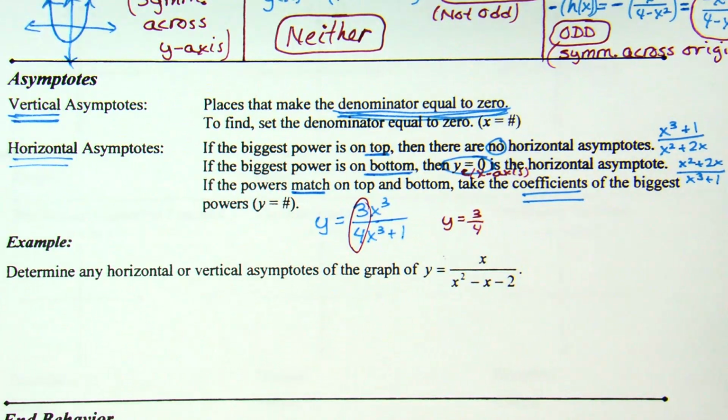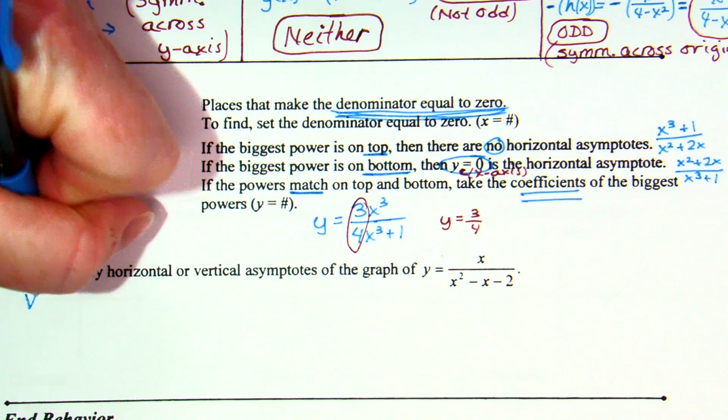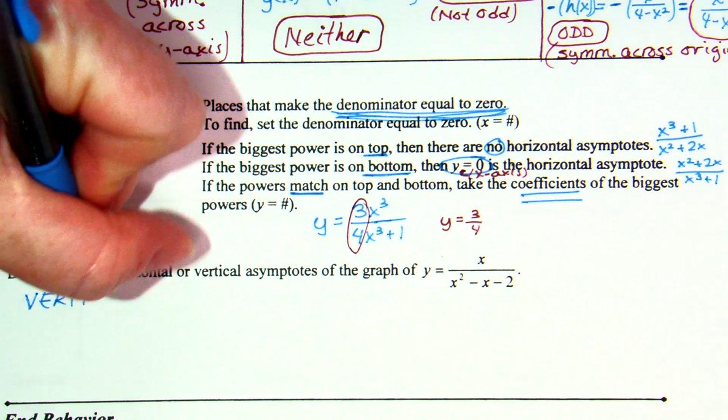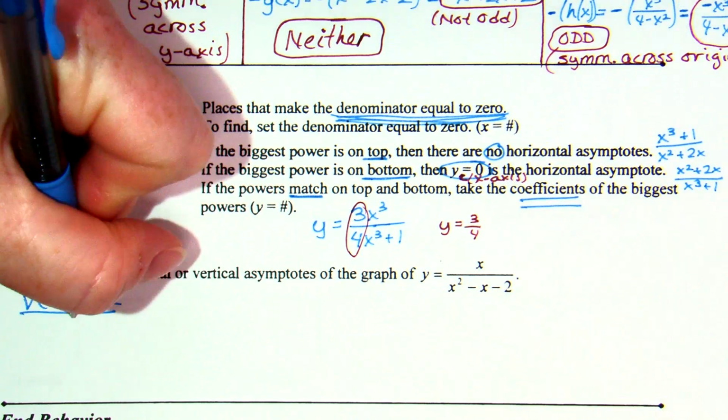Okay. So, what do you guys want to start with? Vertical or horizontal here? Vertical? Okay. We start with vertical asymptotes.